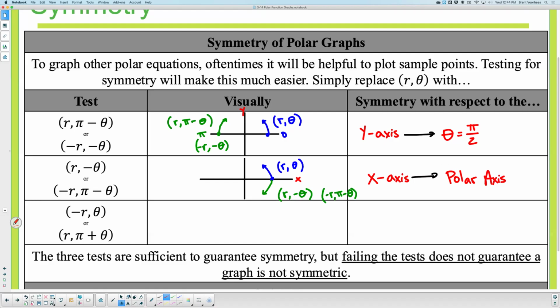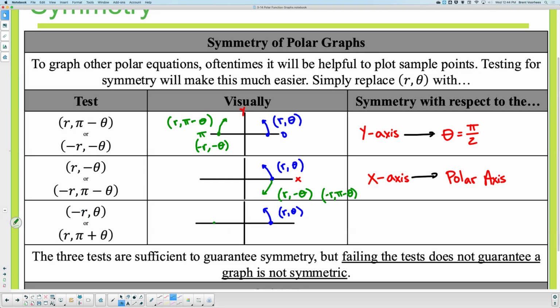Finally, last type of symmetry, you could guess it from earlier this year. If it's not symmetry with the x-axis and not symmetry with the y-axis, but still symmetric, we'd say it's symmetric with the origin. So you start on the right, curve it up visually. That's r comma theta. What this is saying is you start with the same theta, move this way, but instead of a positive r, it's a negative r, which means it's across and going this direction.